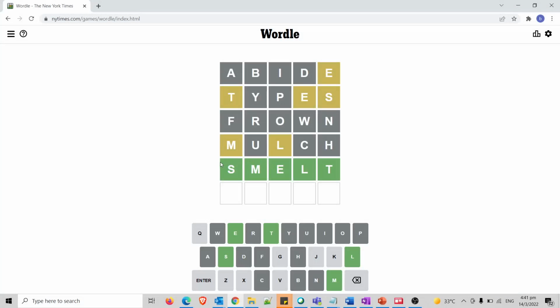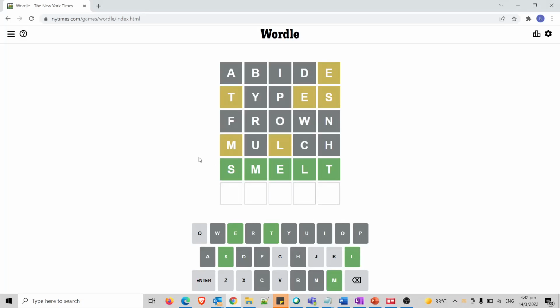So we guessed the word in 5 guesses. Had we used mulch before frown, we could have guessed this in 4 guesses, but it's just pure luck. It's up to you in what order you decide to use these four words. And hooray, you learned a new word.